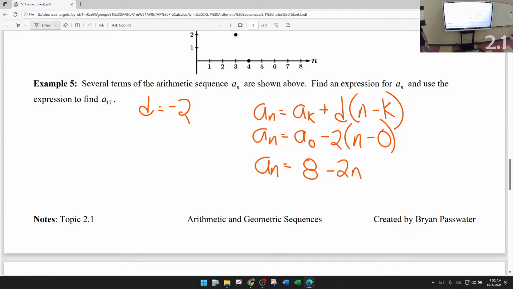They want me to find A sub 17, and so I would do 17 times negative 2, negative 34, and 8 more, something like negative 26. Good? Yes, you can get negatives. Yes, you can get decimals. Yes, you can get all kinds of things on the output. Inputs, you can only have whole numbers. Okay, arithmetic. Y'all good?